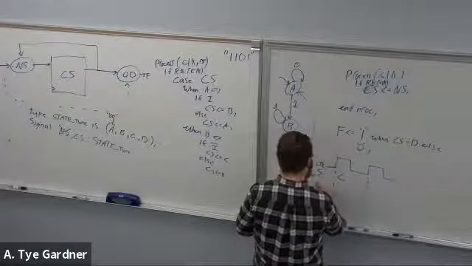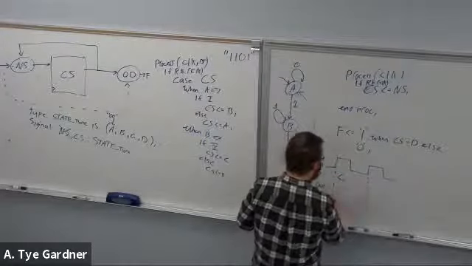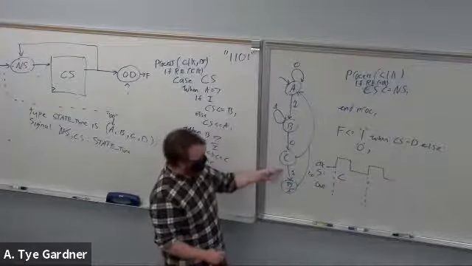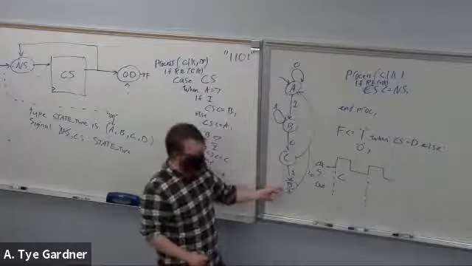Okay, so this clock happens, I'm in C. But it has decided that if I get a 1, I'm going to D. So my next state, as far as it's concerned, is D. So output goes high, right?